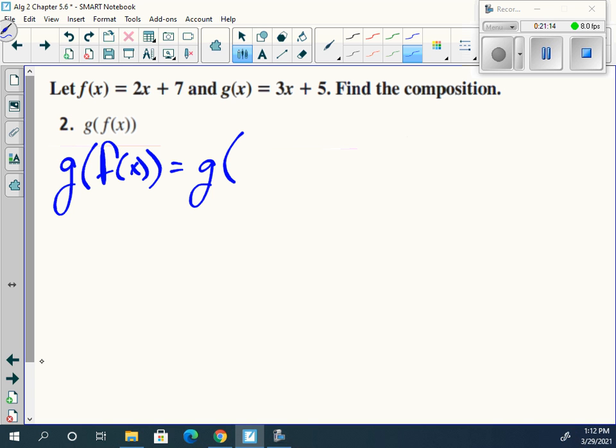So again, we work from the inside out. So here we're starting out with f of x. We're going to plug x into f of x. And if I plug x into f of x, I get 2x plus 7. It really doesn't change when we're plugging x into f of x. So we get g of 2x plus 7.